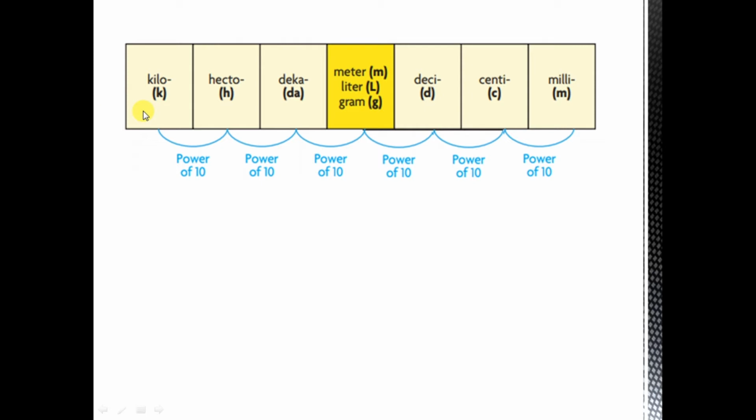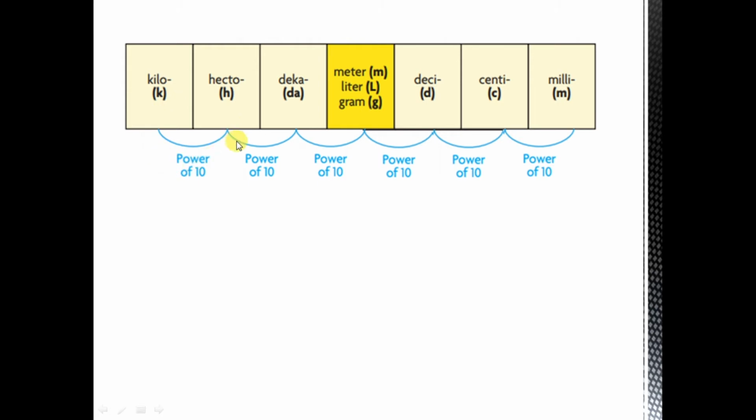When we go from kilo to hecto, the power here is 10. This means I multiply by 10, and the power here means exponent. So hecto is less than kilo, and if I go from hecto to kilo, I will divide by 10.